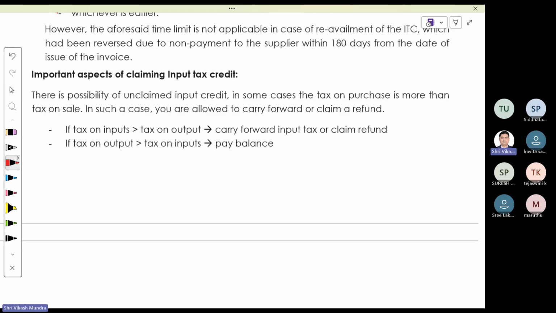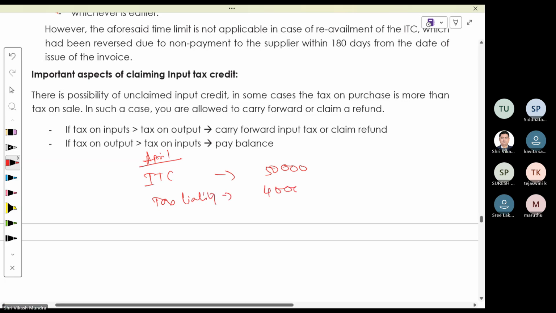If suppose my ITC for the month of April is 50,000 and my tax liability is 40,000, I will knock off this 40,000 with my ITC. What happened to this 10,000 extra excess ITC? What will be the future of this extra 10,000 ITC?